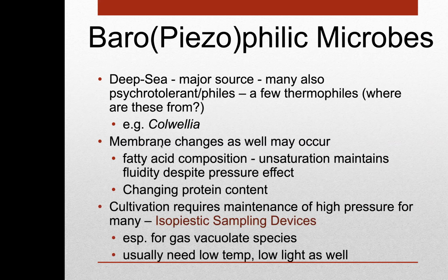Now, one of the things to think about in terms of cultivation is that if we're going to try to culture these organisms, if you go down a kilometer and send a bottle down, let's say, and you figure out a way to get that bottle to close, sample some seawater, and you bring that up to the surface, pop it open, and try to culture something from that water, why would that be a problem?